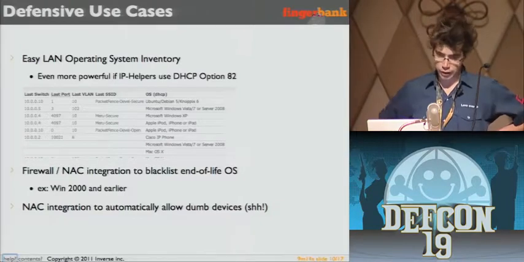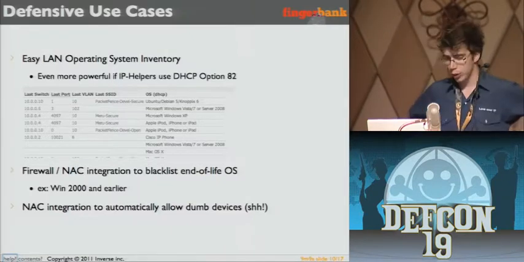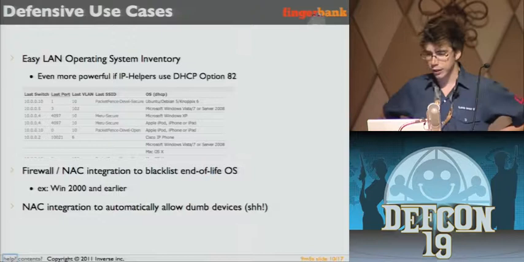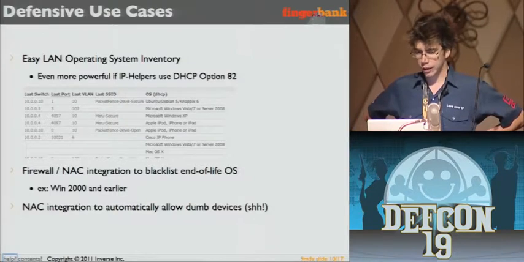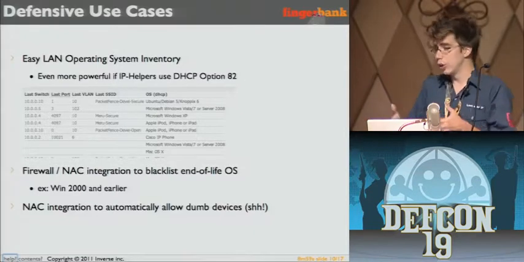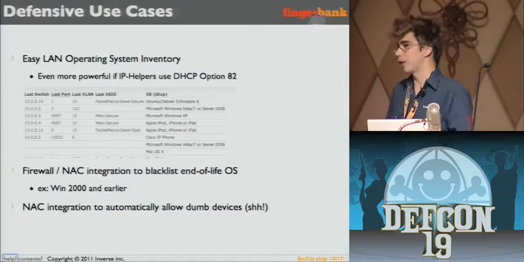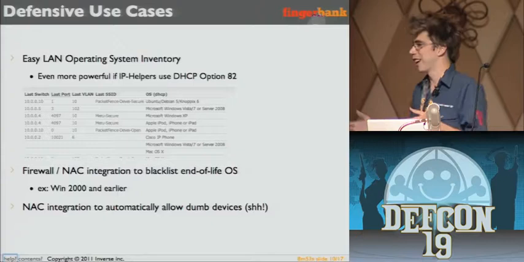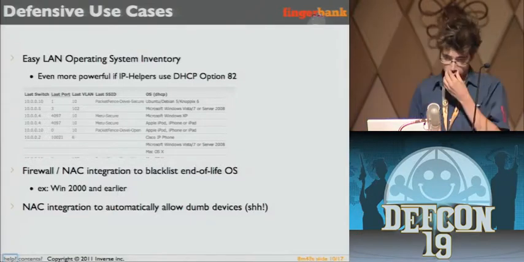You see the last switch, last port, last VLAN. This is possible with DHCP option 82, which is implemented in Cisco switches. It's more or less reliable, but still it can help you. It's powerful to have the two of them blended in, because you will know where a host is located, and because of the FingerBank technology, if I may call it that, know what OS it's running.